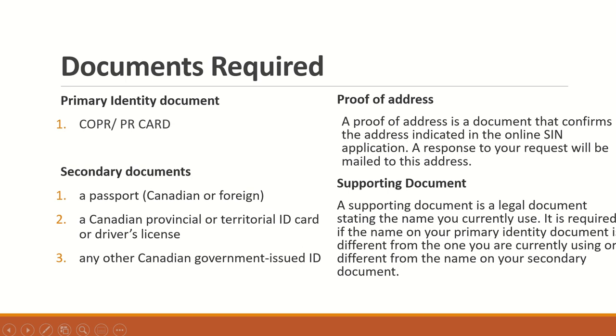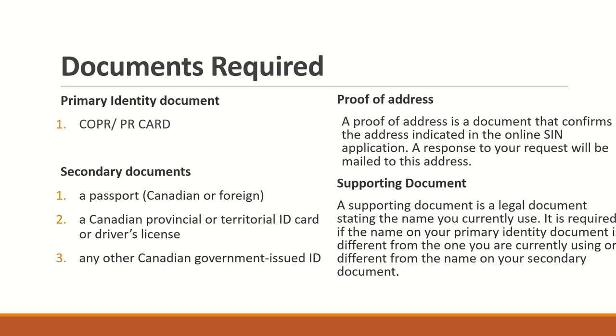Okay. Alright, so let's look at the documents required in order to get your SIN number. The first document which will be required would be your primary identity document, which is either your COPR or PR card. So as soon as you have your eCOPR or COPR, you should go ahead and apply for SIN number online, and I'll show you step by step how to do that in a moment.